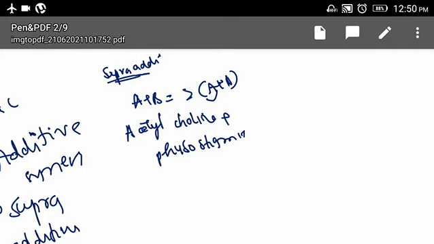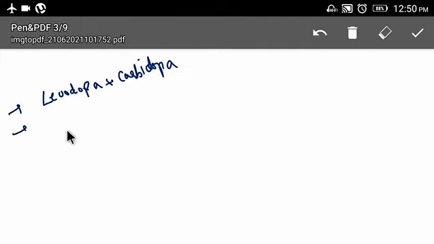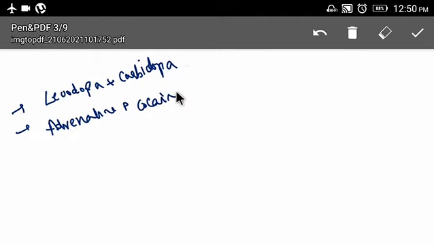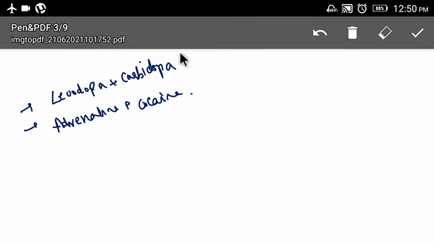Other examples are levodopa plus carbidopa. Another one is adrenaline plus cocaine. These are some examples.